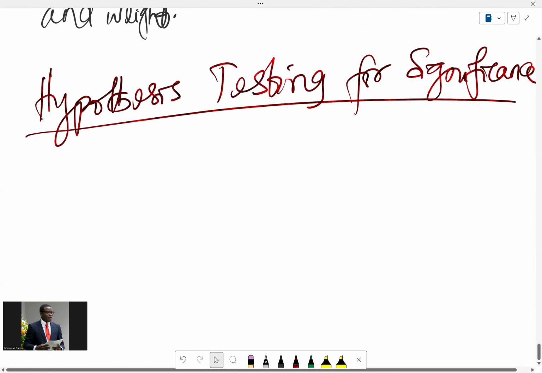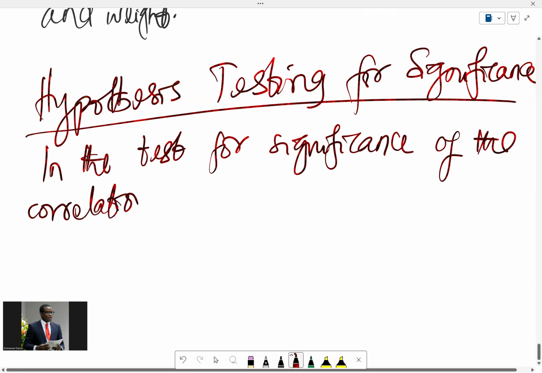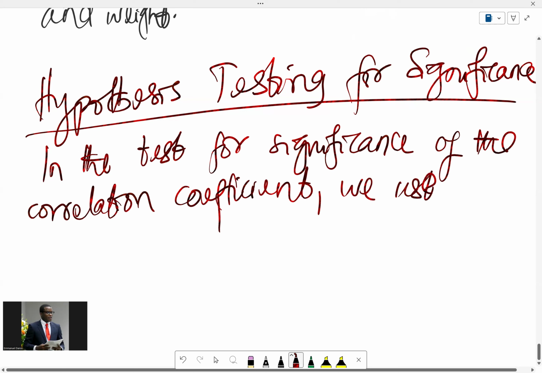Okay, so in the test for significance of the correlation coefficient, we use the t-test.